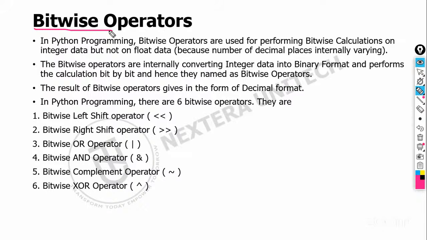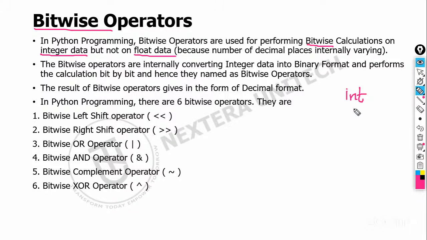So let us understand what is the purpose of using bitwise operators. In Python, the bitwise operators help us to perform bitwise calculations on integer data, but not on float data. So they help us perform bitwise calculations only on which type of data?